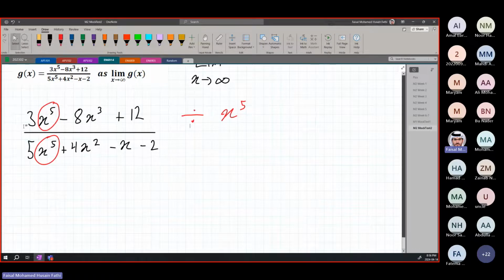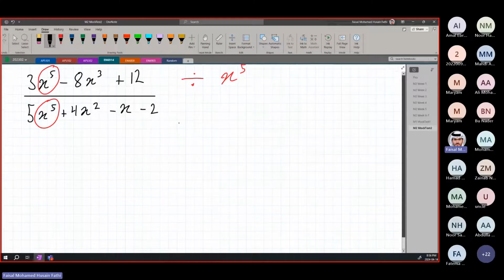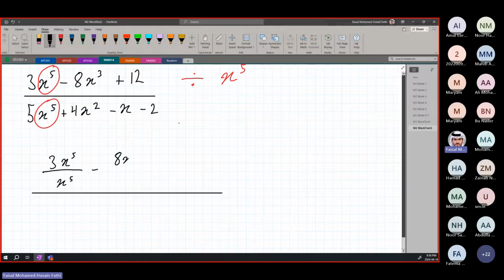And what do I mean by everything? I mean everything in the numerator and everything in the denominator. How are we going to do that? This is what it will look like. So let me give myself some space over here. We have 3x power 5 divided by x power 5 minus 8x cubed divided by x power 5 plus 12 divided by x power 5. And the same thing we are going to do in the denominator.